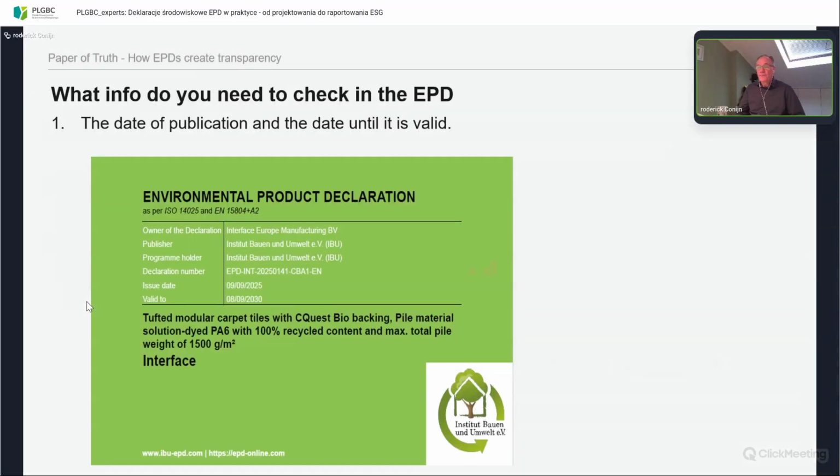So first, look at the issue date and whether it's still valid. This example was published this year and will be valid until 2030. That doesn't mean that there won't be any changes within those 5 years.